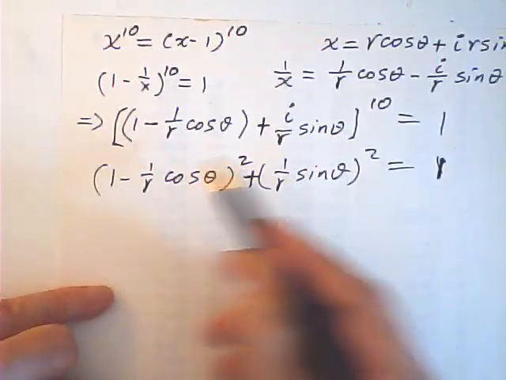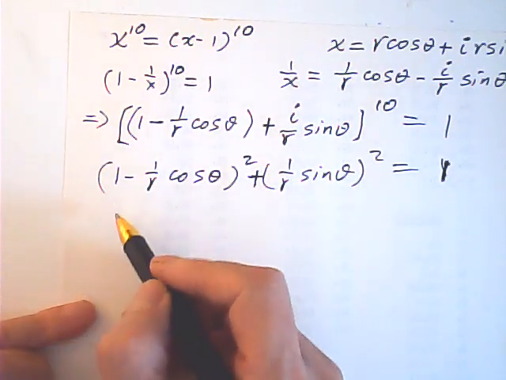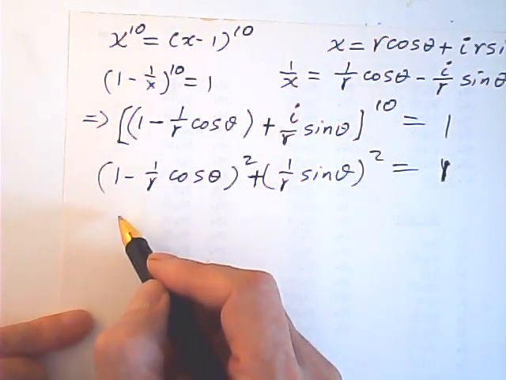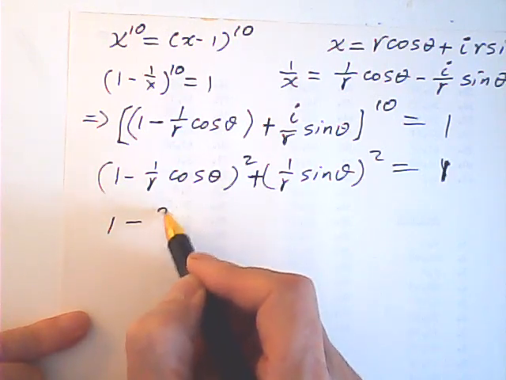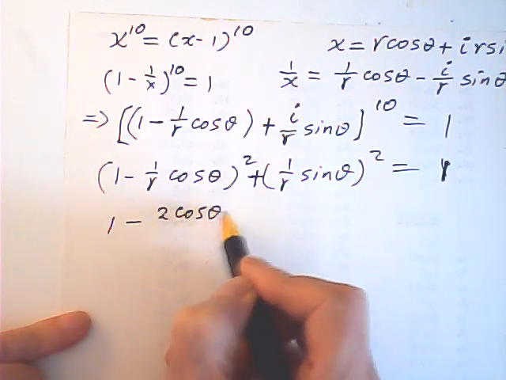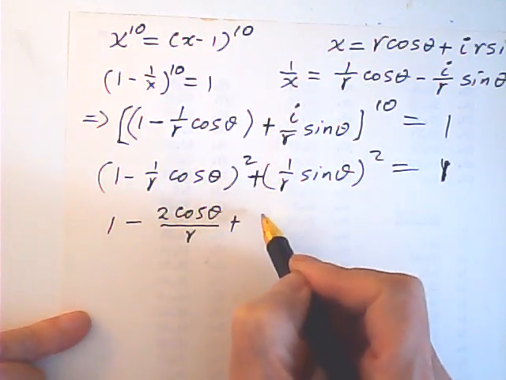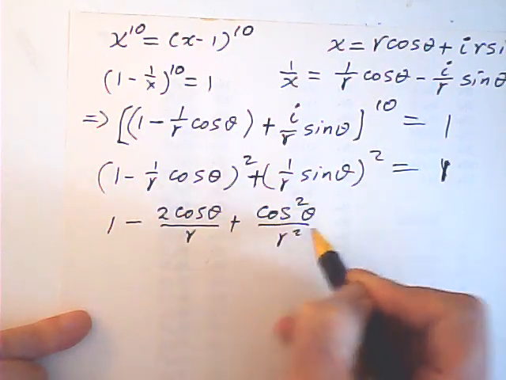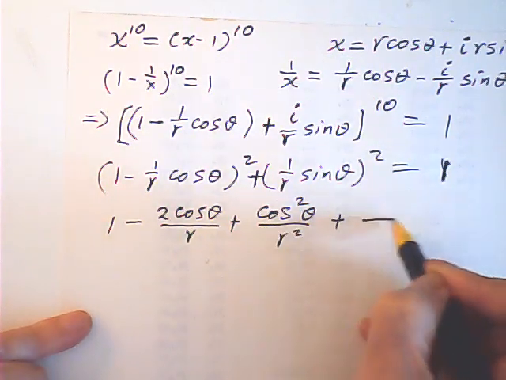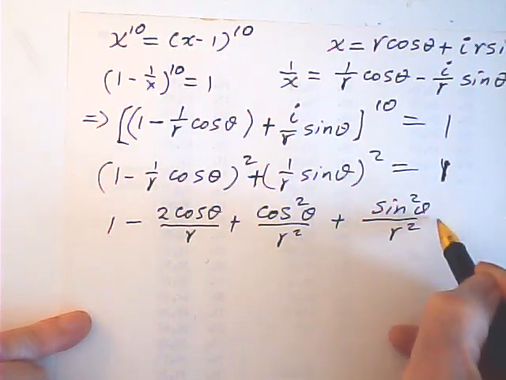Because the modulus is equal to 1, this means 1 minus 2 cosine theta over r plus cosine squared theta over r squared plus sine squared theta over r squared equals 1.